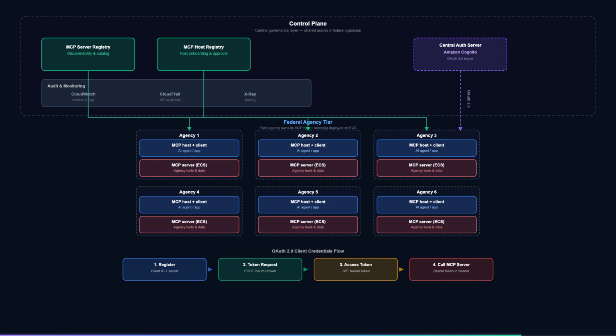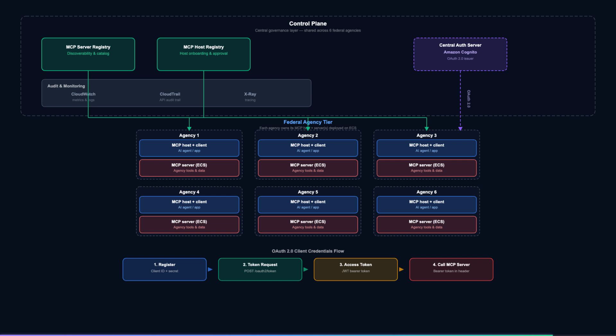Your host would go to Cognito and provide the right client ID and secret, and it gives a token in return. This token is passed to the MCP server, and the MCP server then validates this token using a public key. That's why you can ensure that the communication between the MCP client and the MCP server is secured.